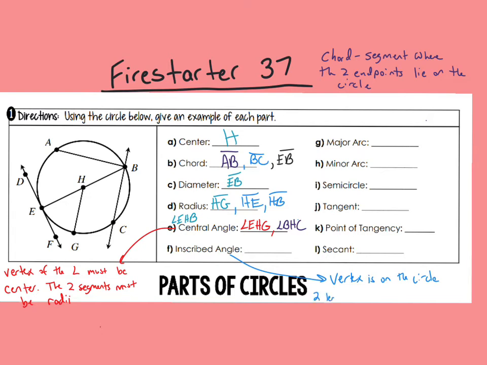The two legs of the angle, or the two sides of the angle, are inside the circle, or are chords. All right? So a good example would be ABE. All right, ABE. So angle ABE would be a good example. I could even say angle ABC.